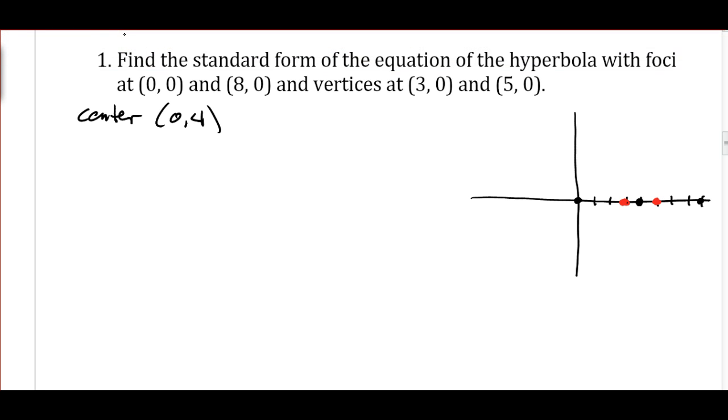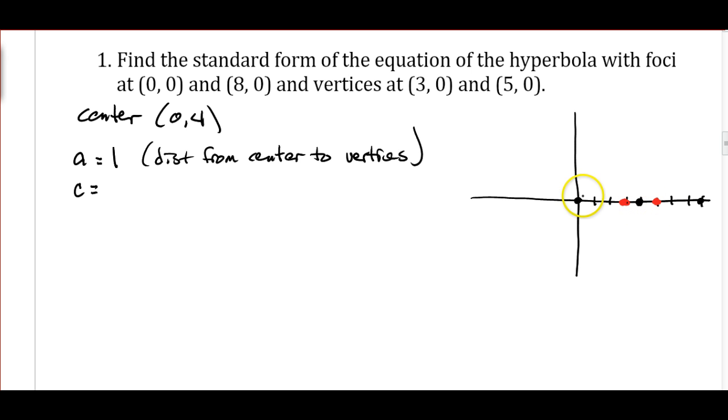Alright, so if we want to just kind of sketch this in, let's find a couple more things first. The distance from the center to the vertices is going to be my a distance. So a is going to be 1. That's distance from center to vertices. And c is going to be the distance from the center to each of the focus points.